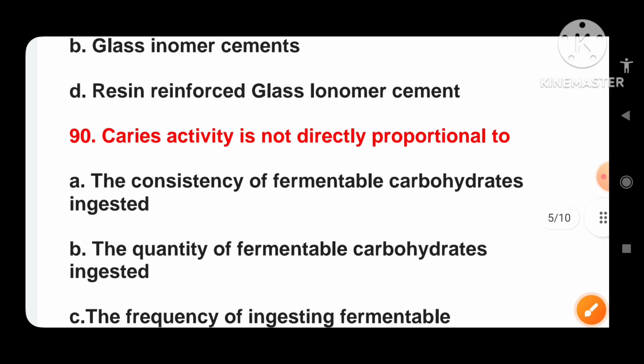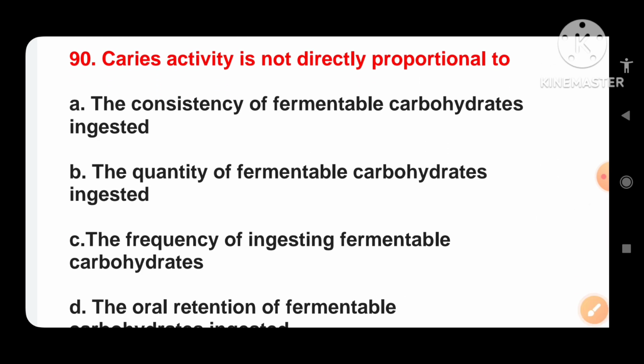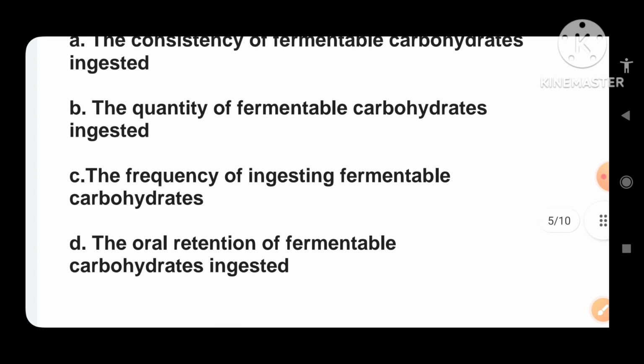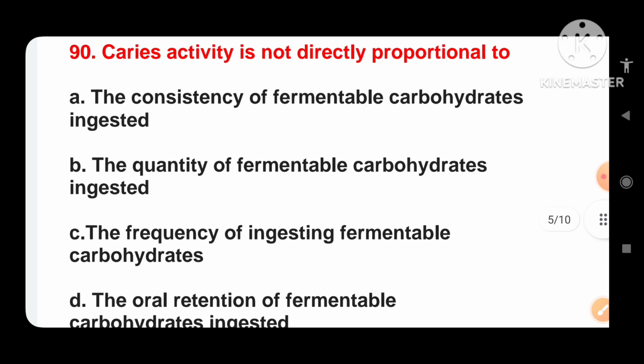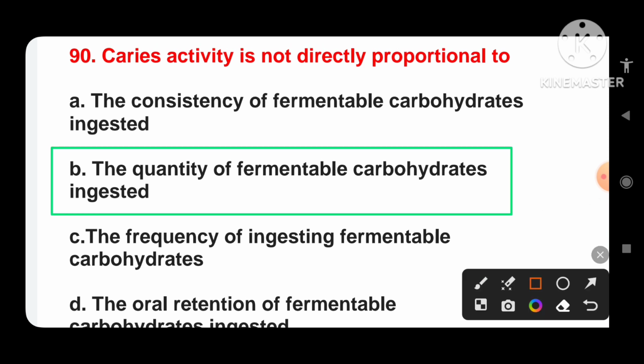Okay, so the correct answer would be glass ionomer cement is not preferred for all ceramic restoration. Next question is, caries activity is not directly proportional to. Options are the consistency of fermentable carbohydrate ingested, the quantity of fermentable carbohydrate ingested, the frequency of ingesting fermentable carbohydrate, the oral retention of fermentable carbohydrate. The correct answer is the quantity of fermentable carbohydrate ingested, because it is not only about the quantity but also about the frequency and duration of exposure.